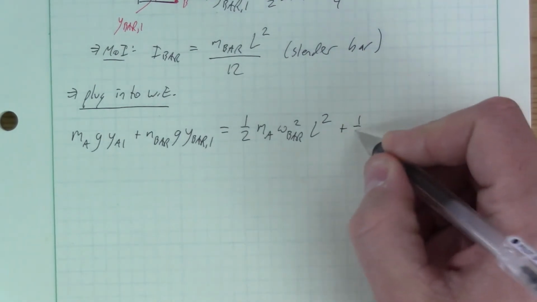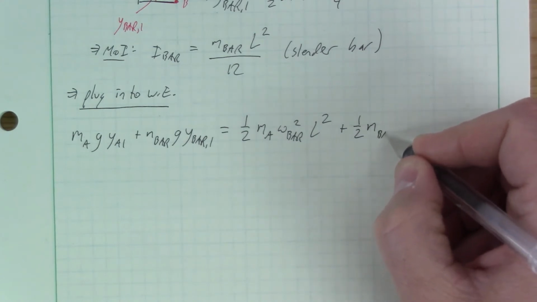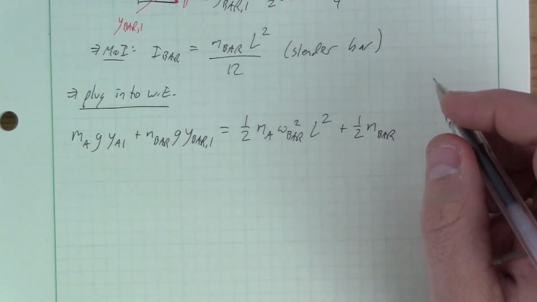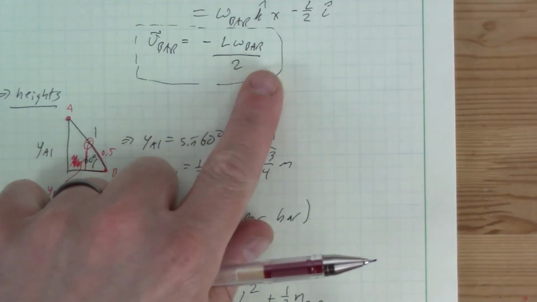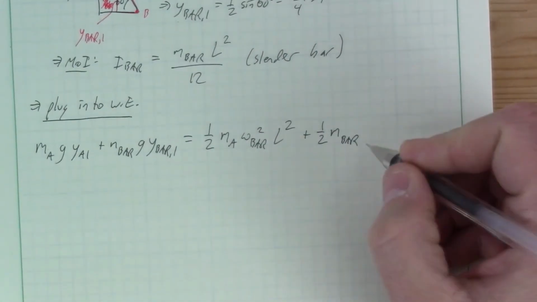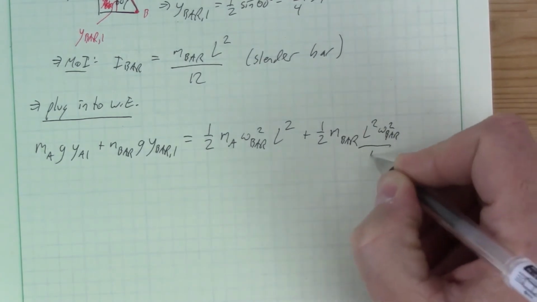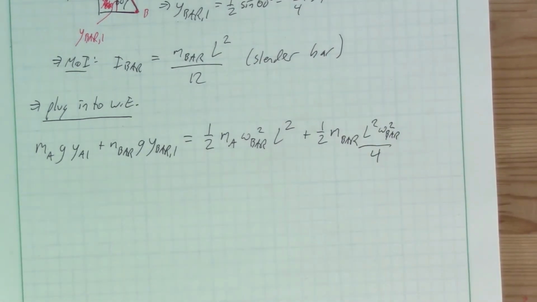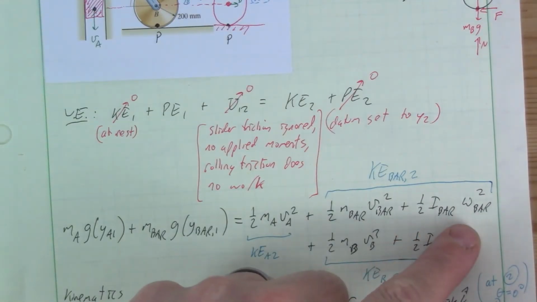So this is 1/2 mass of the bar. And now we got velocity squared. Well, velocity squared is L omega bar squared over 2, so we got L squared omega bar squared over 4. And the last term is the rotational kinetic energy, 1/2 I bar omega bar squared.